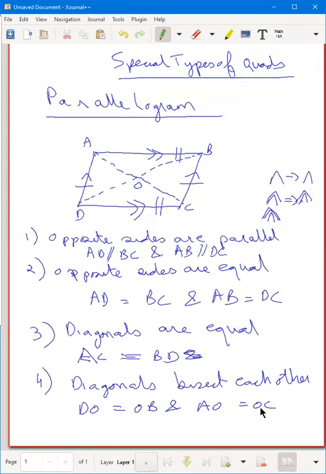These are the main properties of parallelograms. Please copy this down.